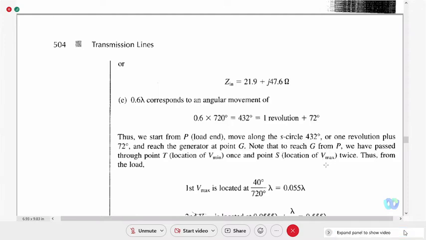So we will start from the load and move towards the generator 432 degrees, one revolution plus 72 degrees, and reach the generator in the clockwise direction at point G.